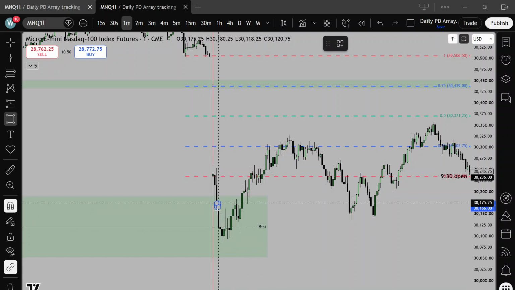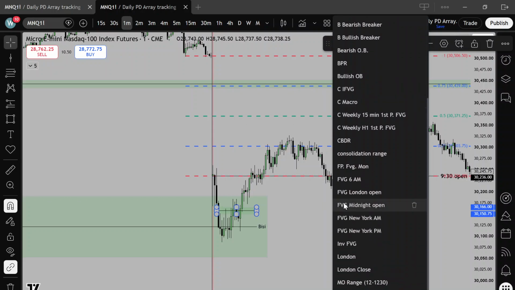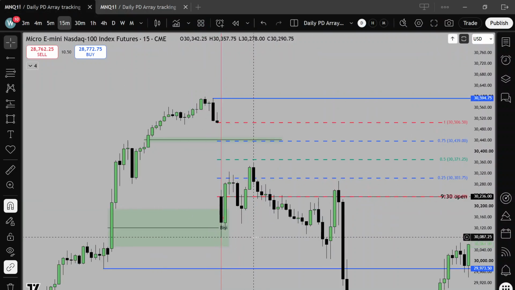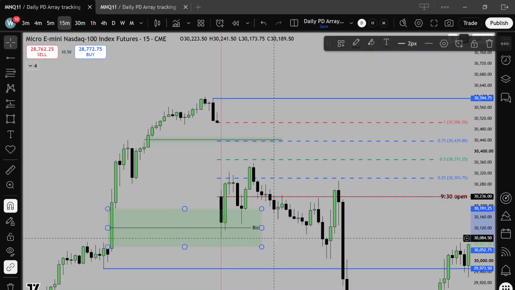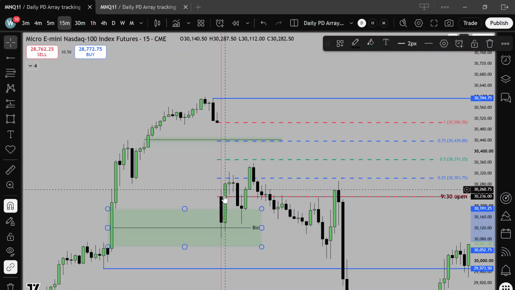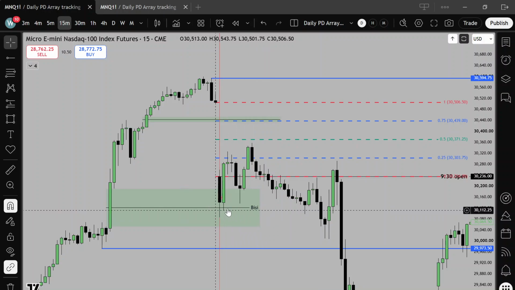So right away, if we go there, first presented fair value gap, AM, and then we jump back to this chart right here, immediately we know the bodies of our two candles, this second 15-minute candle has not even closed yet. It's just barely opened. Right away, you can say the bodies of those candles, which is the bodies tell the story. We can't even get to the middle of this BC. So if we can't even get to the middle of this BC, we're not even getting down here right now.